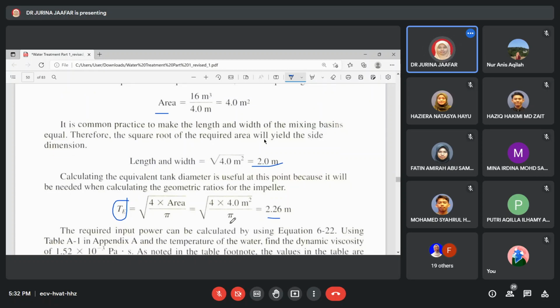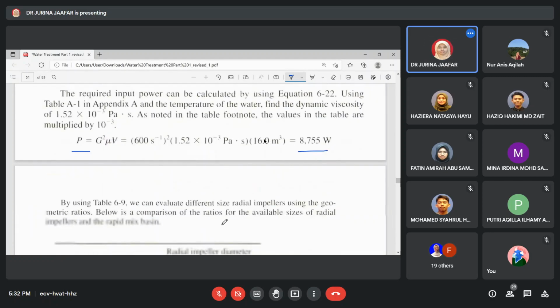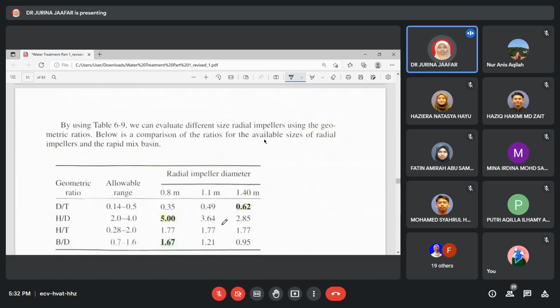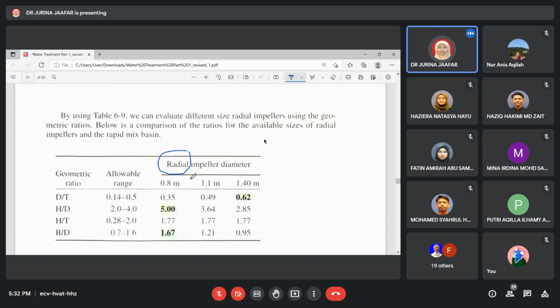Then they calculate the P, right? We calculate the P looking at the power. And then of course from the given, for rapid mix, it is suitable for radial impeller diameter. That's why we choose radial for rapid mix. And then we check the diameter as given on the equation.